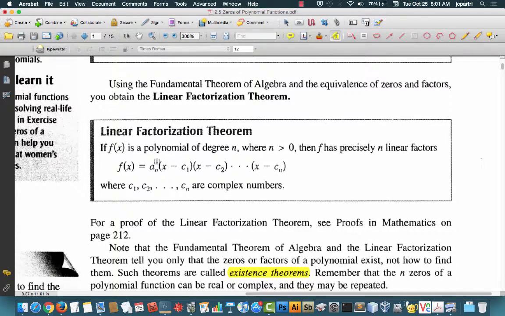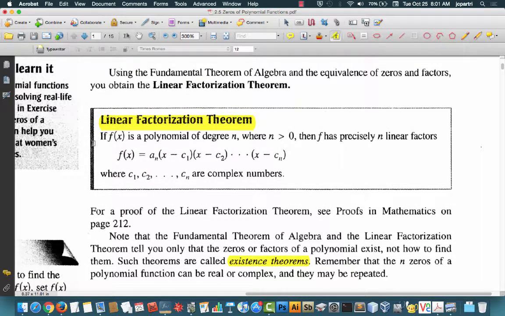And we've already been working with the Linear Factorization Theorem, even though we haven't formalized it. It says that if f of x is a polynomial of degree n, where n is greater than 0, then f has precisely n linear factors of the following form: some real number a sub n, times x minus c1, x minus c2, all the way up to x minus cn, where c1, c2, all the way to cn are complex numbers.